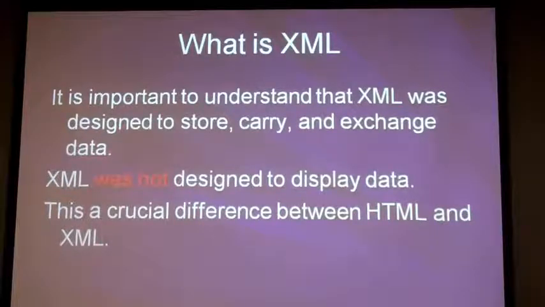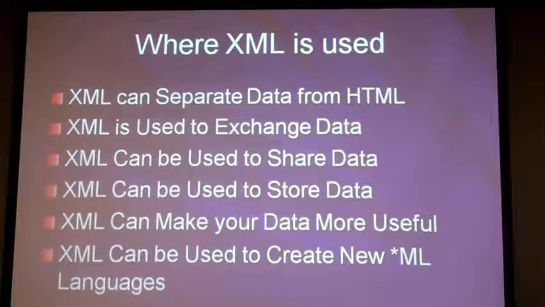Okay. So the next slide is about where XML is used. XML can separate data from HTML. It means that at the end of the HTML class, we used CSS style. Remember, when we used the style CSS file to control the outlook of the HTML file. Now imagine that you have some HTML document which contains data.